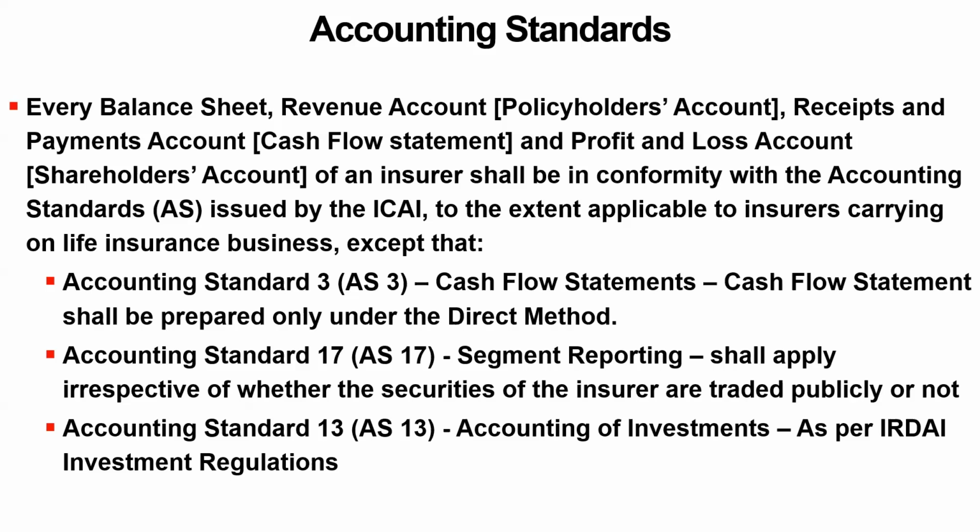What is the basic meaning of this? There are 34 accounting standards issued by the Institute of Chartered Accountants of India. We have to follow all 34 standards, whatever standards are applicable to the transactions we are doing. Three of these accounting standards we have to follow with some exceptions.